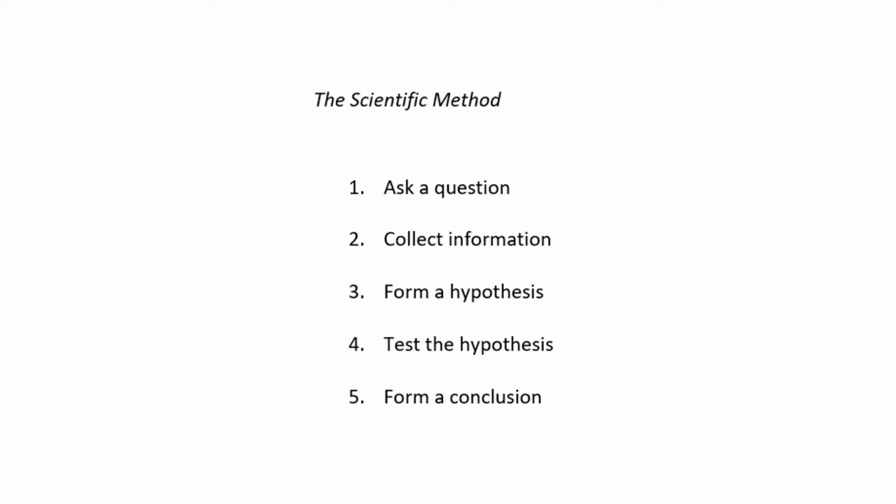And then number 4, the scientist needs to test that hypothesis to see if it is true or not. And finally, the scientist needs to form a conclusion. This is really important and one of the most important things that you're going to see in today's video. So please do make sure you remember these 5 steps and you remember the order that these 5 steps will come in.